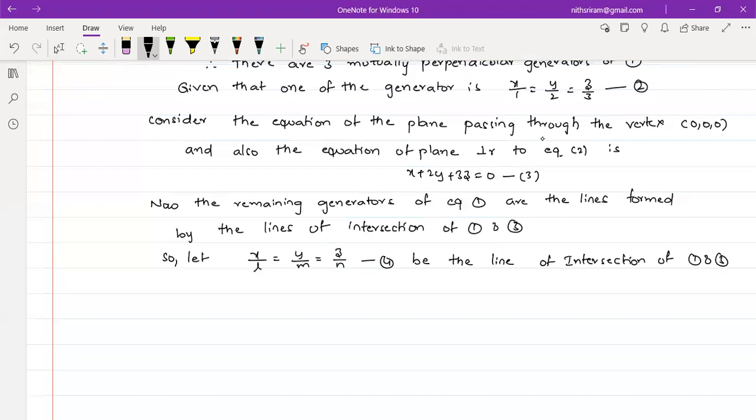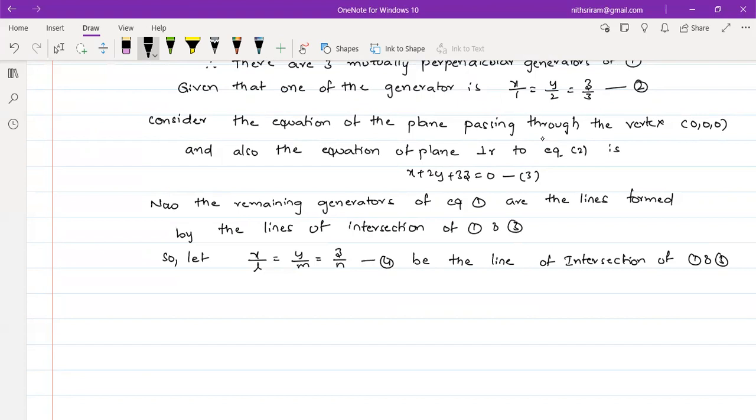So 1 is the cone equation and 3 is the plane equation. Whenever these two intersect, we get a line. So I am writing that line equation as x by L is equal to y by M is equal to z by N. This is our required mutually perpendicular line. From this we can find the other two line equations.